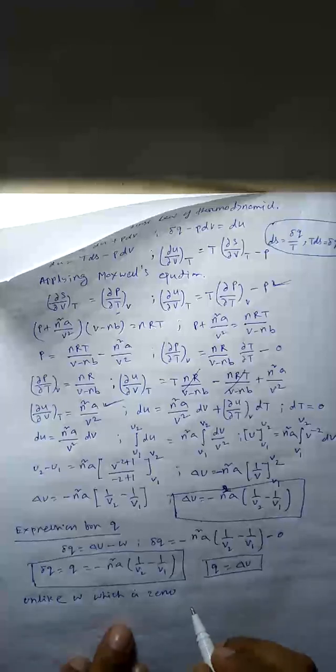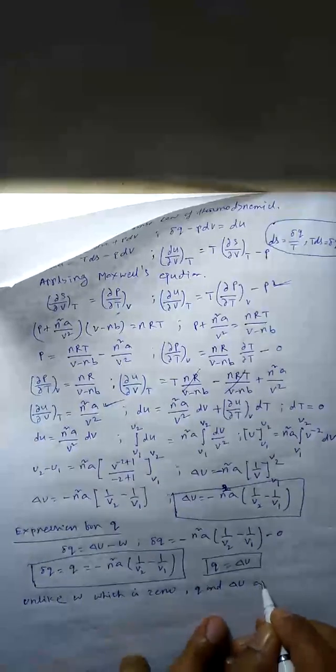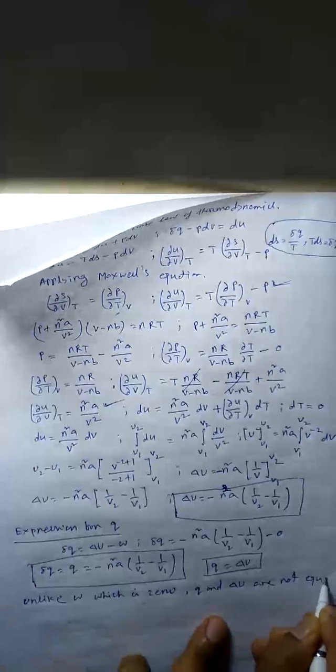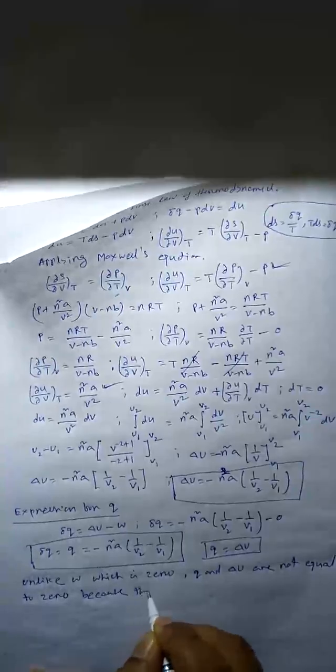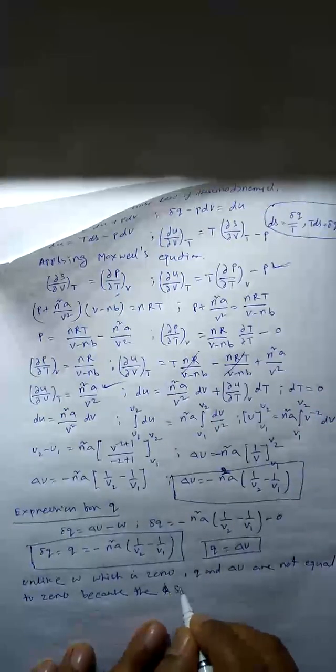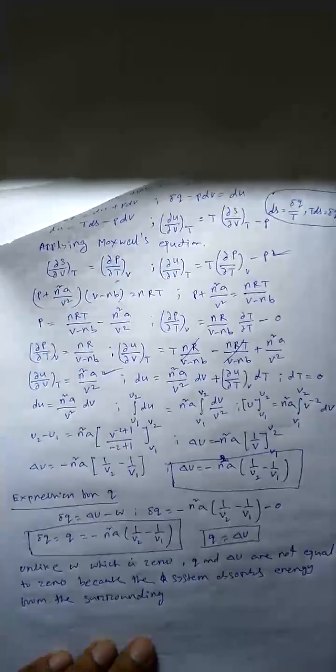Unlike w which is 0, q and delta u are not equal to 0, because the system absorbs energy from the surrounding.